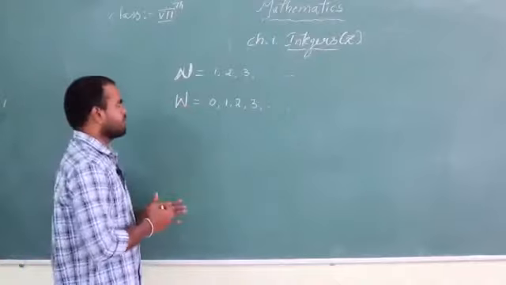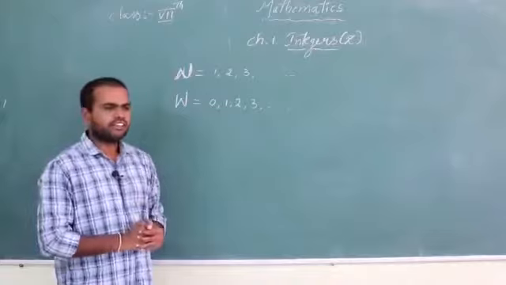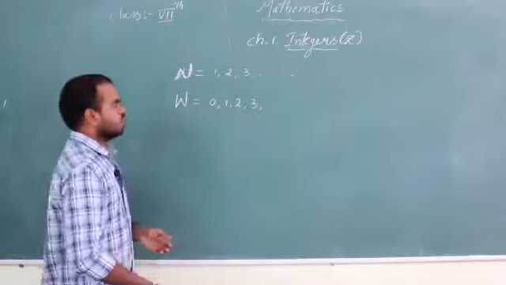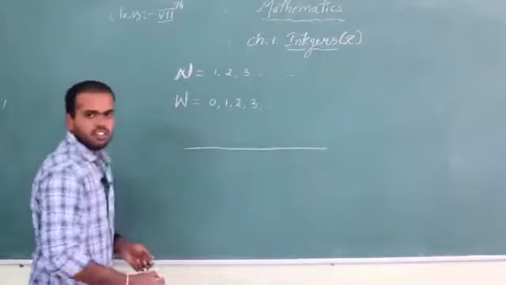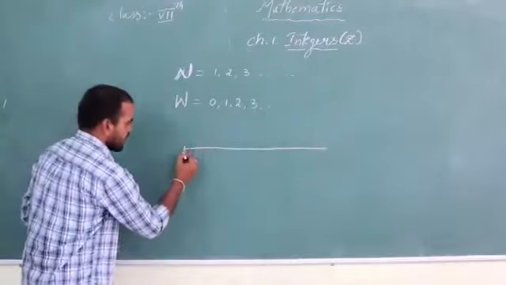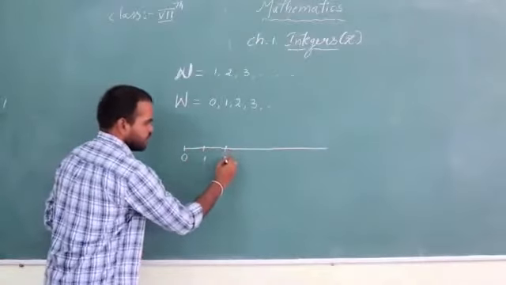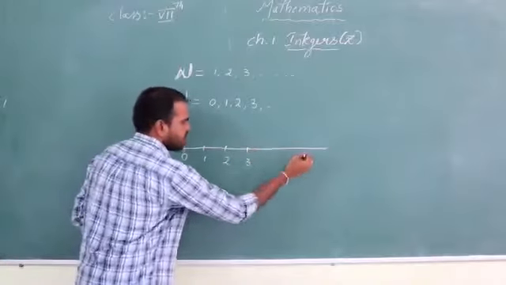Now, how do we represent these natural numbers or whole numbers on the number line? Generally, on the ruler or scale in our geometry box, we see numbers like 0, 1, 2, 3 and so on.